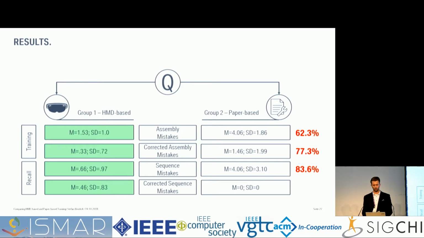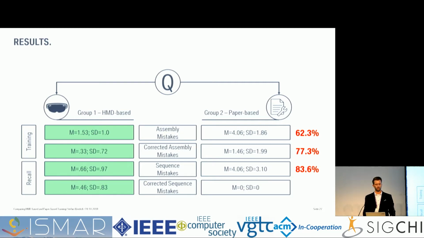Let's have a look at the quality of the training. We also found a significant difference for the mistakes. Participants who received HMD-based learning made 62% fewer assembly mistakes during the study, and also 77% fewer corrected assembly mistakes during the study.